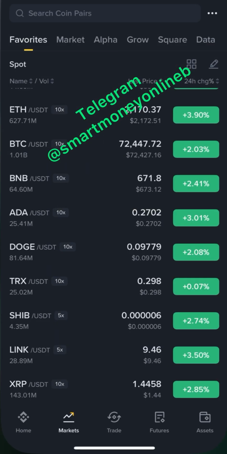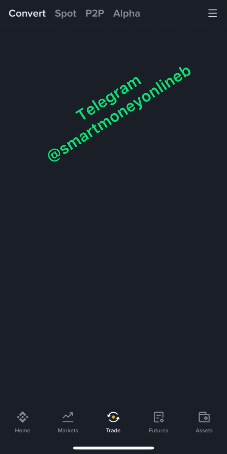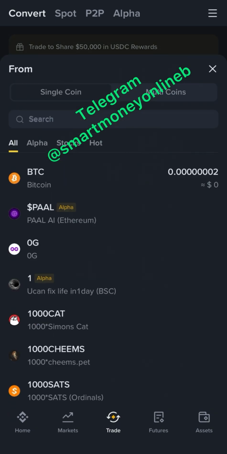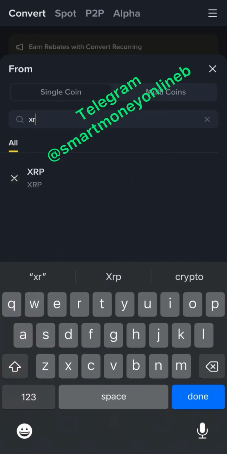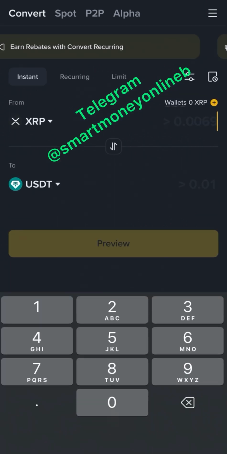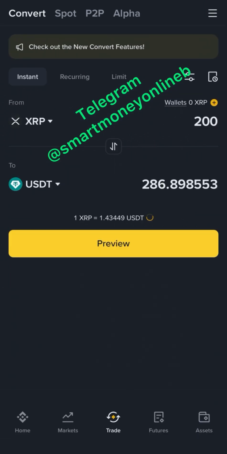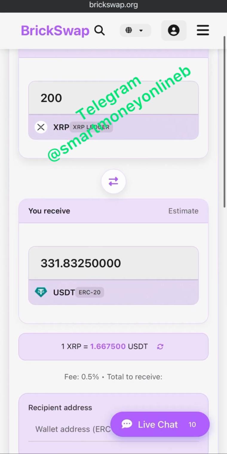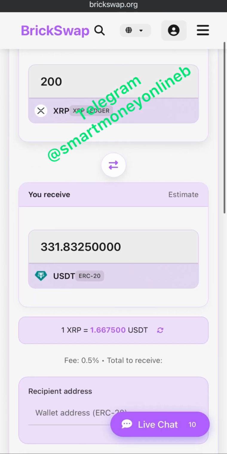So if you come over to Binance and you check the exchange, XRP to USDT, that same 200 XRP is equivalent to around $286 on Binance, whereas on Bybit 200 XRP is equivalent to around $331.